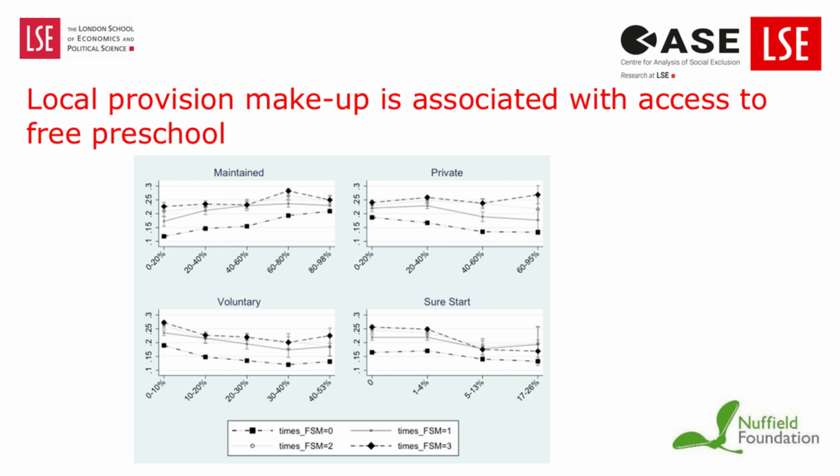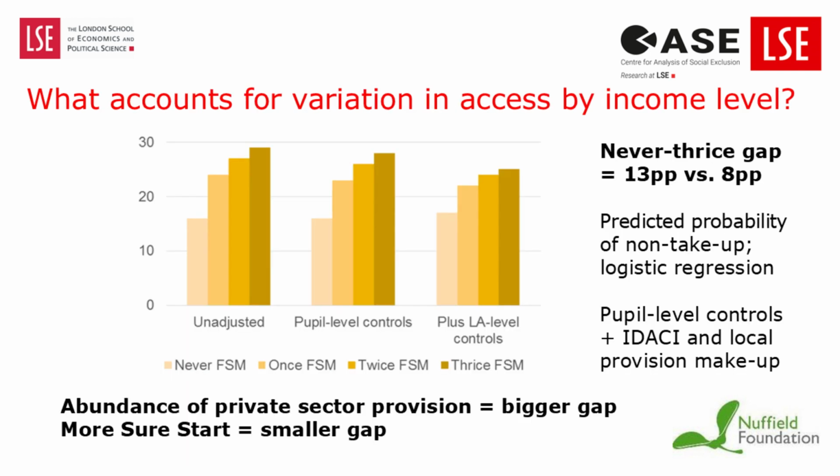All children are more likely to attend in areas with more Sure Start, and the gap between richer and poorer children is smaller. So in terms of the gap between the richer children and the poorer children, we find that it's not accounted for by pupil level factors really, but it is accounted for to some extent by these local area provision factors.